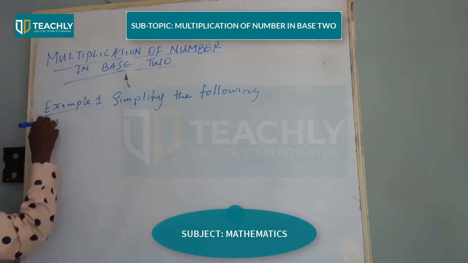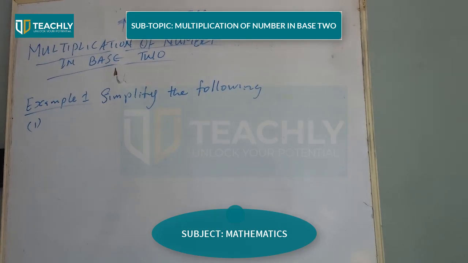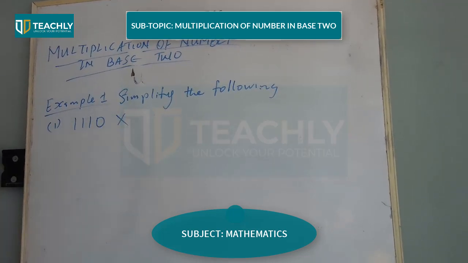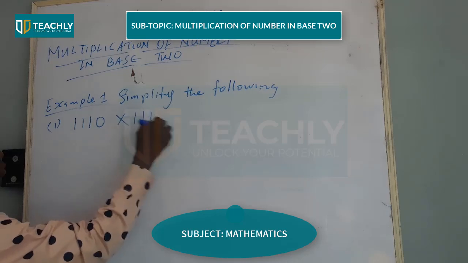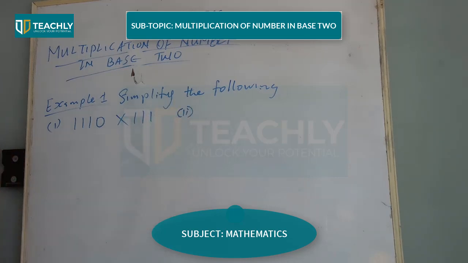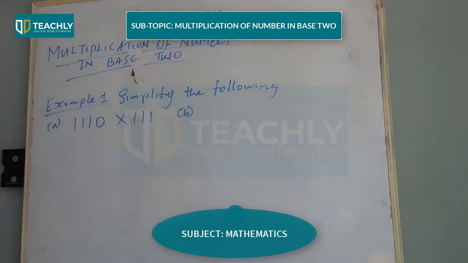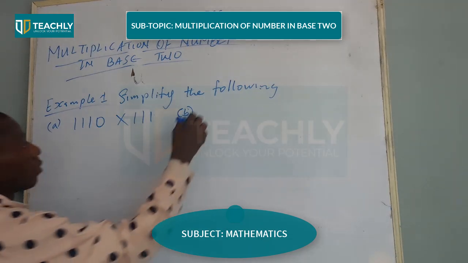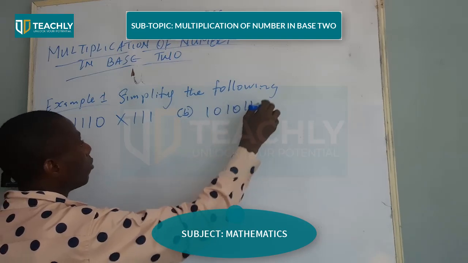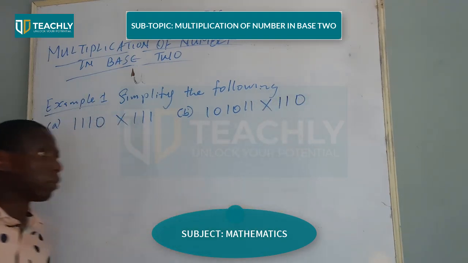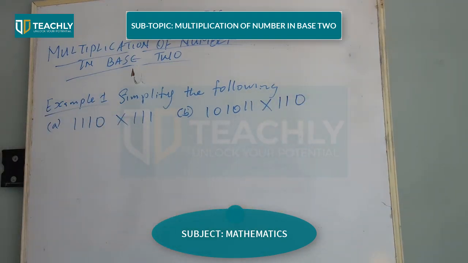The first one, A, we have 1110 multiplied by 111. B, the second one, we have 101011 multiplied by 110. Let's see how we can multiply this.